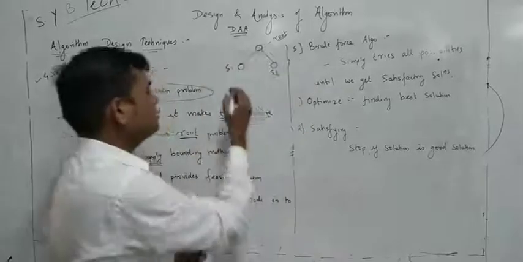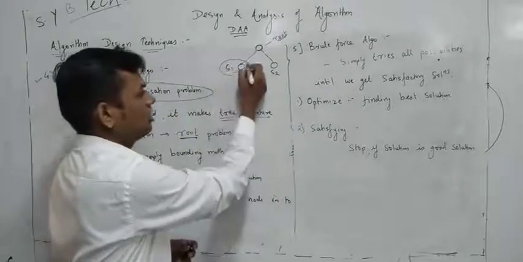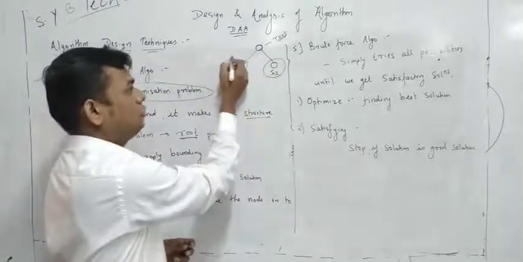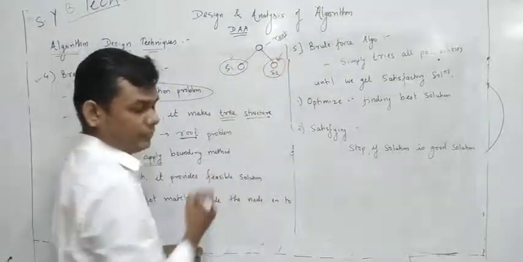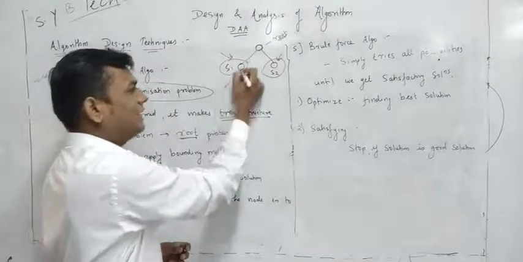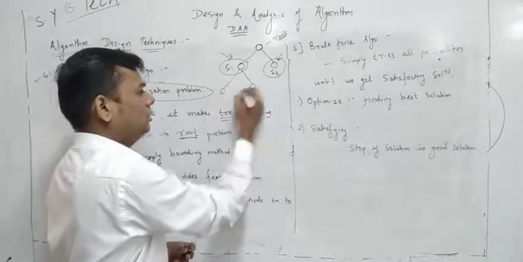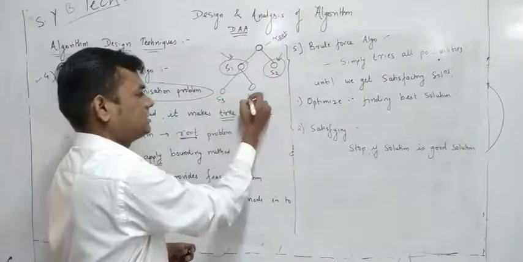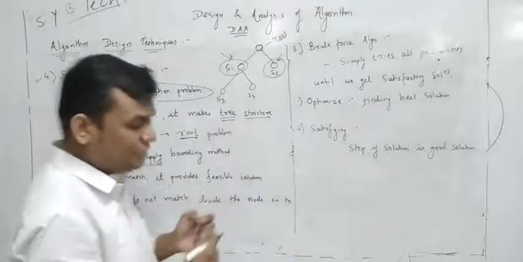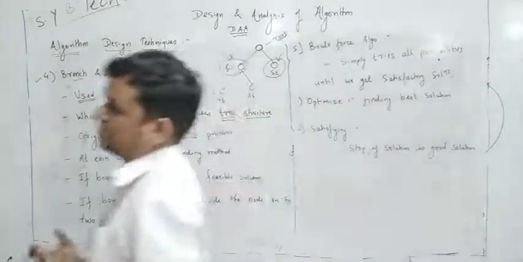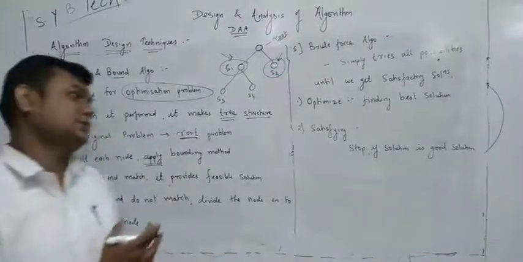After that, we check for the best or optimal solution by applying a bound to each and every node. If the bound does not match, we again divide that problem into two sub-problems, for example S3 and S4. Like that, we keep dividing and create lots of sub-problems in the form of parent and child.